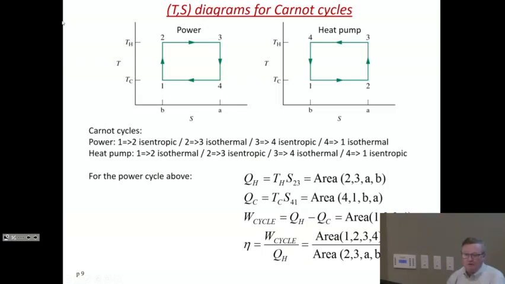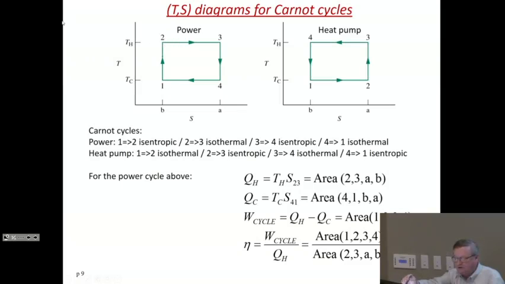Now let's take a look at our Carnot cycles. And this is why it was hard to explain, for example, the vapor Carnot cycle in the previous lecture using a PV diagram. It's actually very easy to explain using a TS diagram. Because in a Carnot cycle, the power part of the cycle, between 1 and 2, is an isentropic transformation.